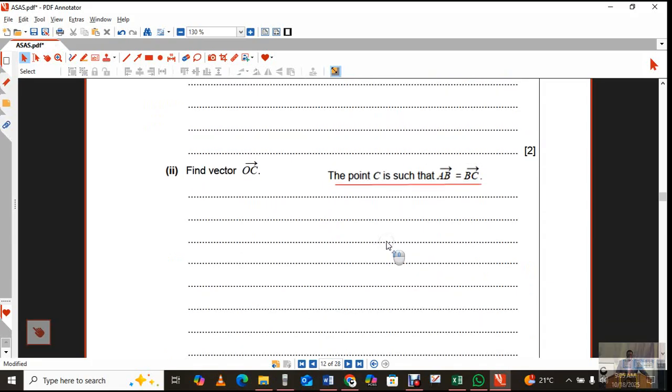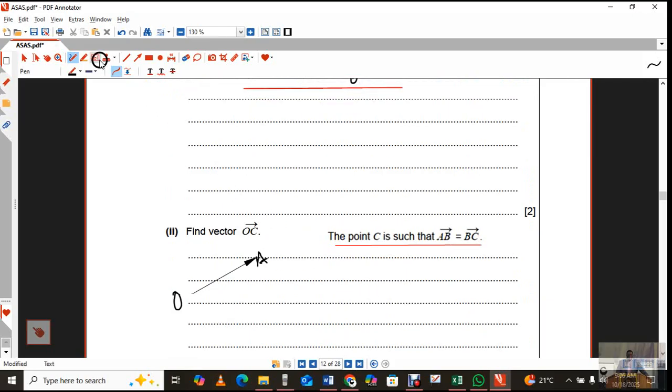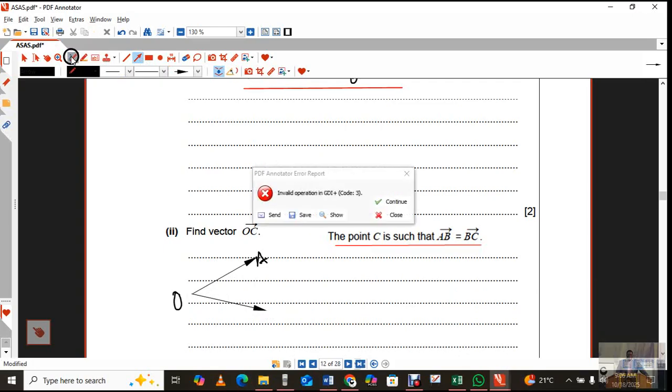Right. So if I have to start somewhere, I start from here as a diagram. Let's say this is OA as a diagram, okay? And then we were also given OB, so let's say OB starts from here.